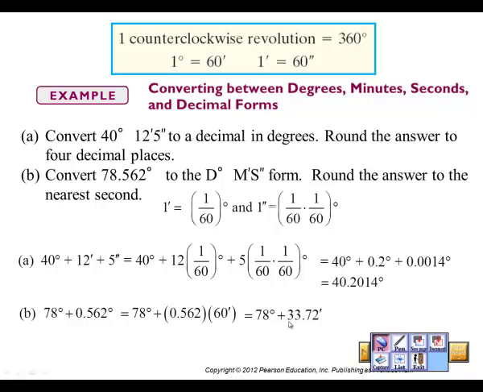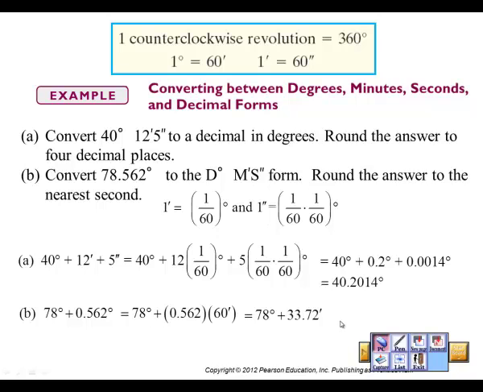So this is going to be 78 plus 33.72. And so from there we have minutes, but now we don't want just minutes, we want minutes and seconds. If we wanted degrees and minutes, then we could stop here. But we don't. We want minutes and seconds.